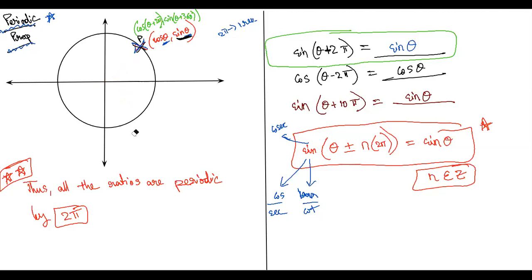Let us consider this. Are you able to see the arrow? Now this arrow, if I rotate by 360 degrees, what will happen to the arrow? It will come to the same point. This is what I was trying to say.